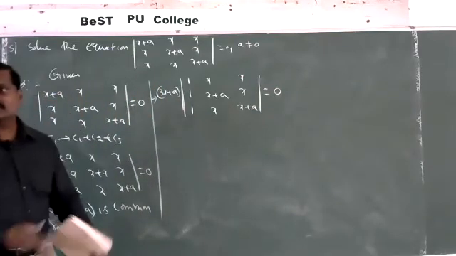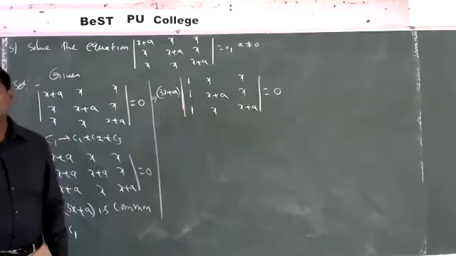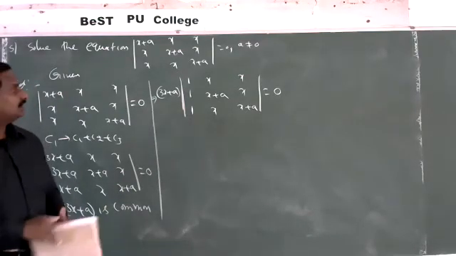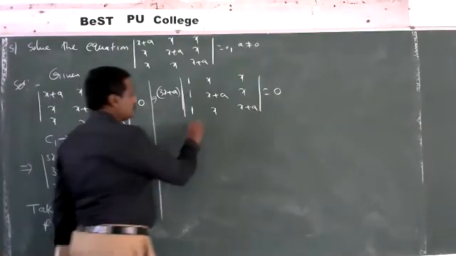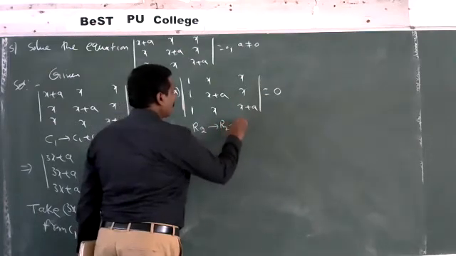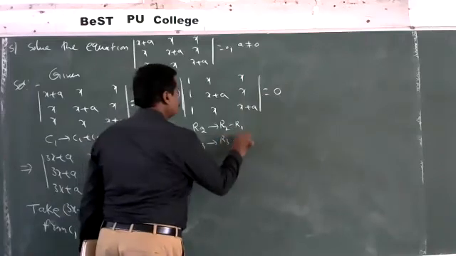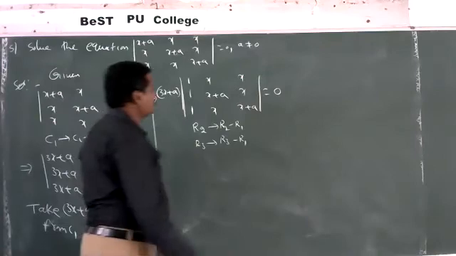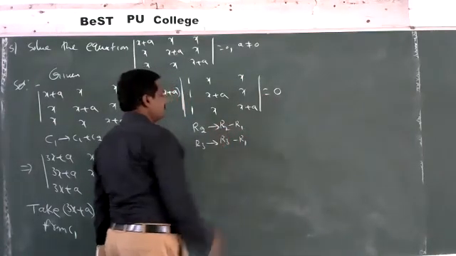Now we have seen that all first column elements are 1, 1, 1. Apply R2 goes to R2 minus R1, R3 goes to R3 minus R1.